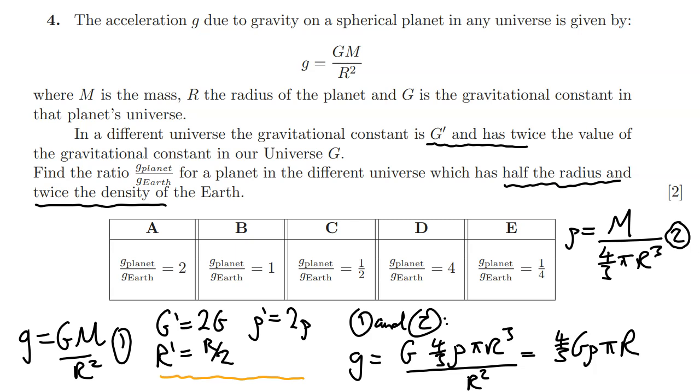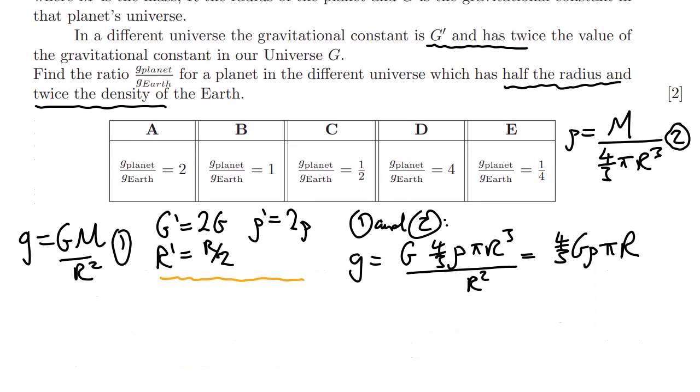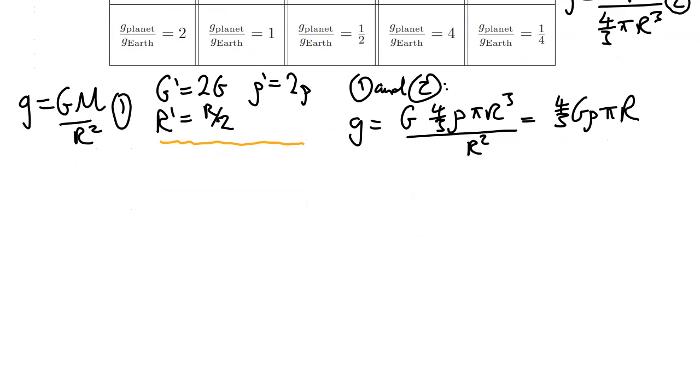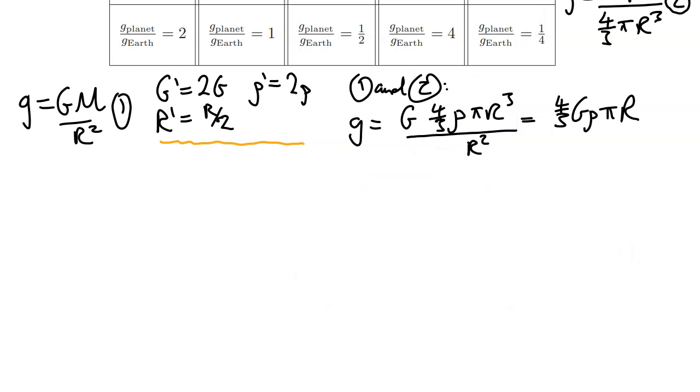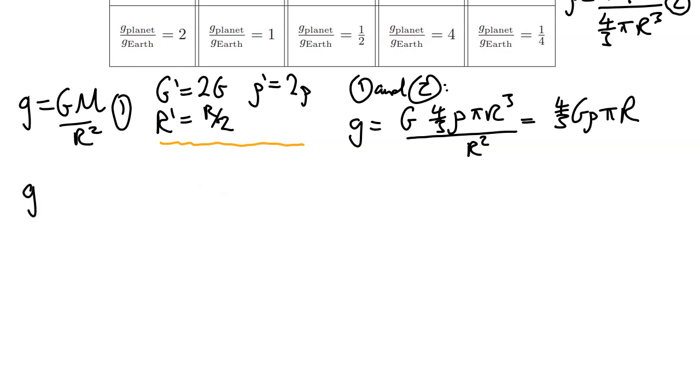Okay, so I just need a bit more space. Switching my pen back. We have that. Well, we want the ratio now. Basically, let's jump straight into the ratio. g, GP I'm going to call it, over GE.